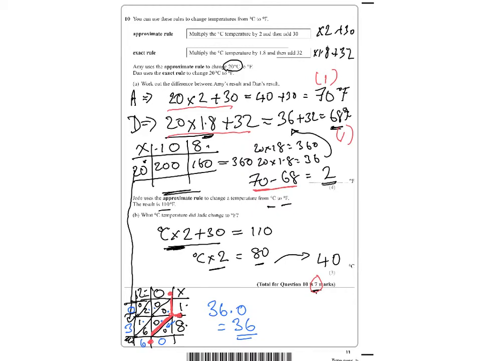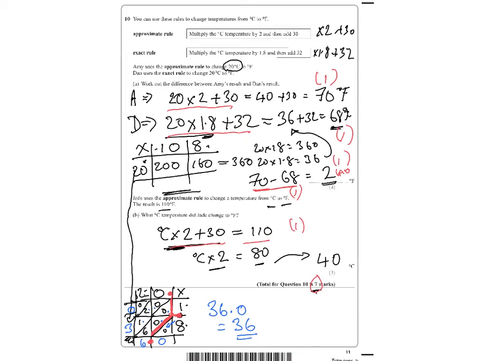Now it doesn't matter if you've got the 70 or the 68 wrong. As long as you've got one of them right, you still get 1 mark for that calculation there, but you only get 1 mark if you've got the correct answer only there. So that's how the 4 marks for that are created. For the 3 marks below, you have 1 mark for writing something like this.